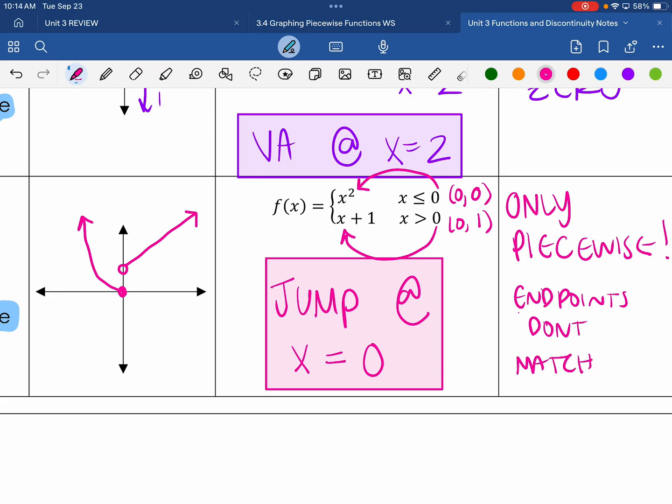So a jump only can happen with piecewise, and it is when endpoints don't match. Those are the 3 types of discontinuity, the only types. So if you're needing to check for discontinuity, that's what we're checking for: jumps, holes, and vertical asymptotes. All righty?